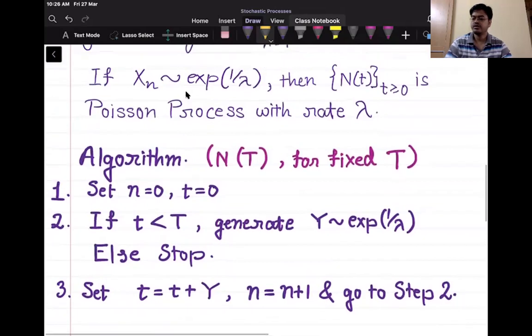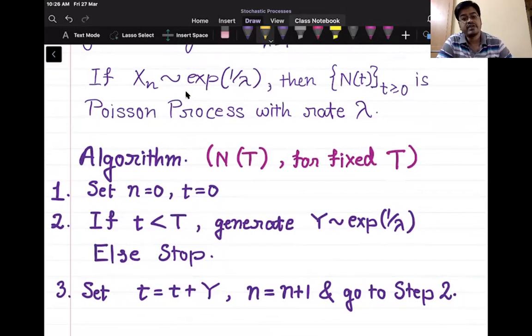In the algorithm, you will fix the parameter capital T, the interval 0 to capital T over which you want to simulate a Poisson process. When you are considering the Xi's, the Xi's are exponential with mean 1 by lambda.